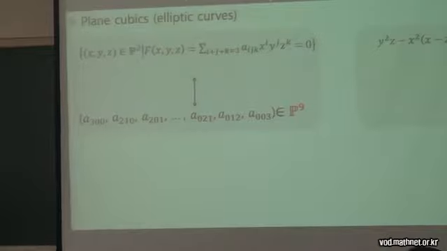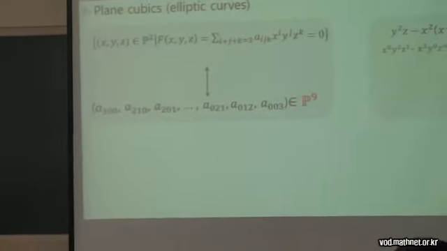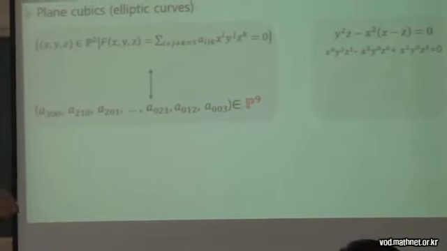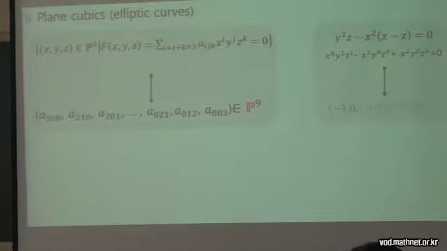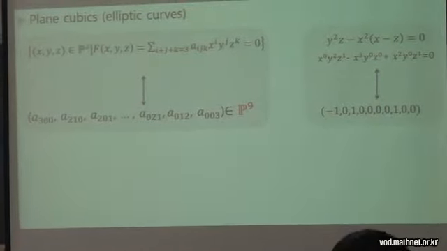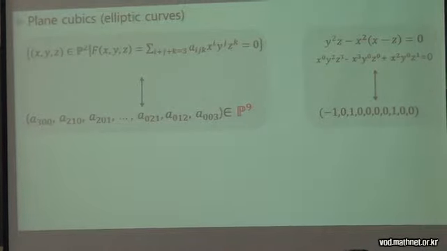For instance, you take that cubic equation, and you can write it in a very complicated manner as that. Then that corresponds to the vector -1, 0, 1, 0, 0, 0, 0, 1, 0, 0.